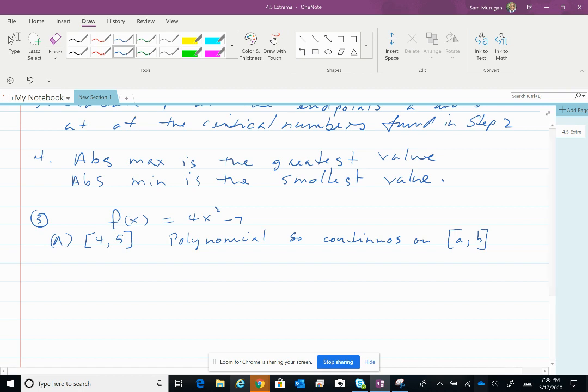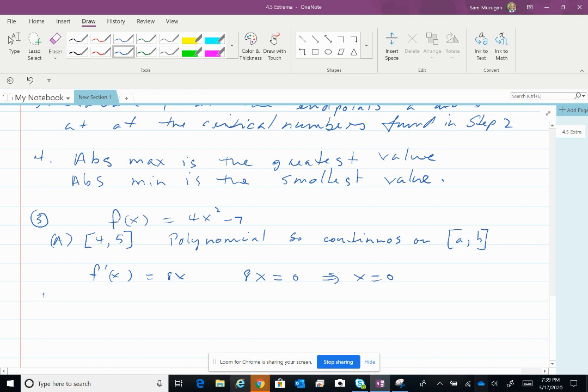And next, because we have to find critical numbers, we would go ahead and take the derivative of the function, f prime x is equal to 8x. And if we set 8x equal to 0, we get x is equal to 0.